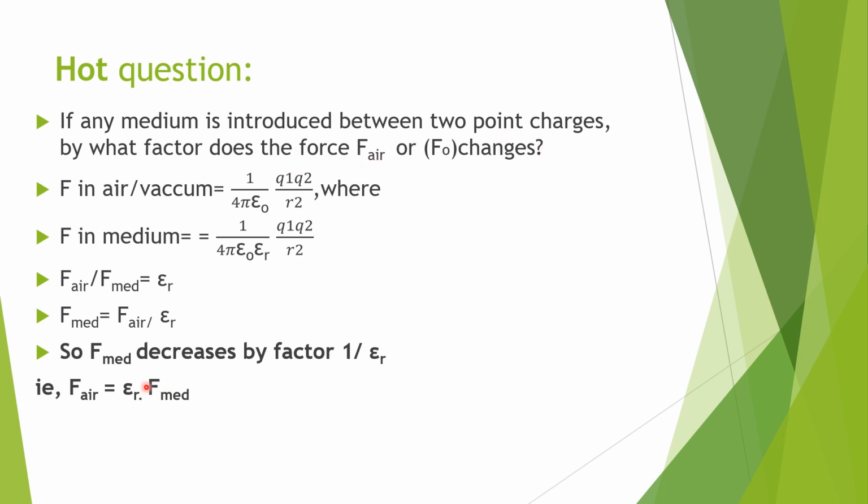F air is epsilon R into F medium, so F air will be more compared to F medium, or F medium will be F air by epsilon R. So this is the answer to that question, and remember this point, okay? This is an important concept related to permittivity and the medium.